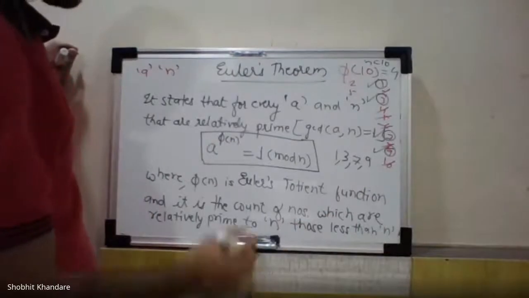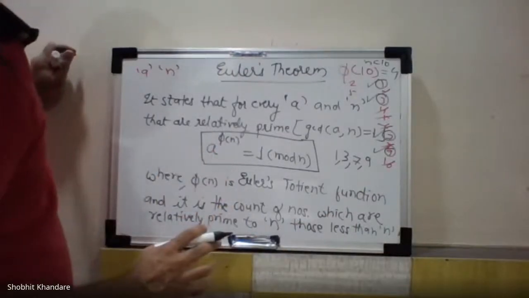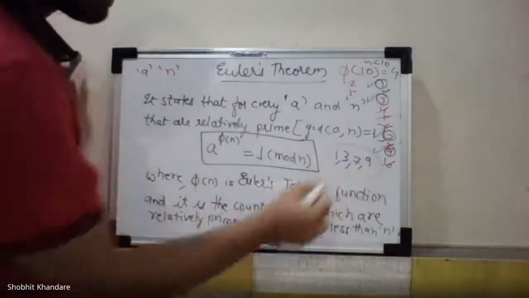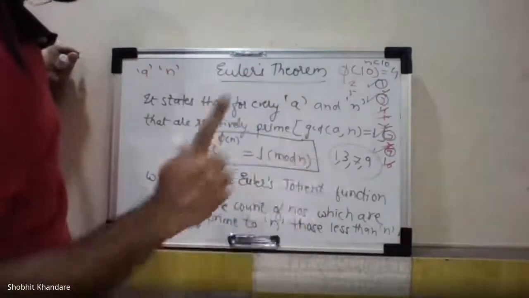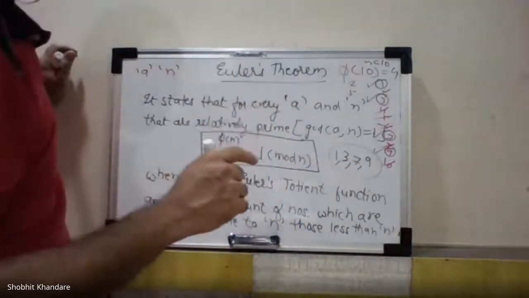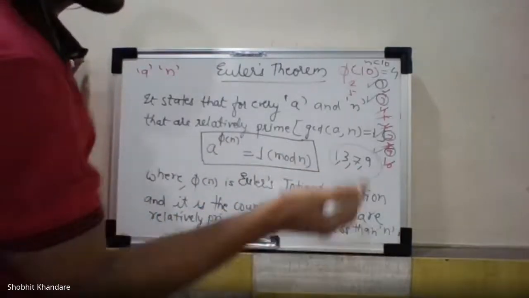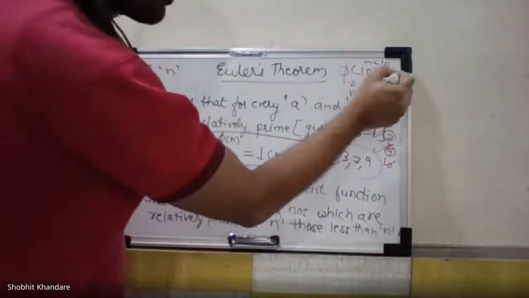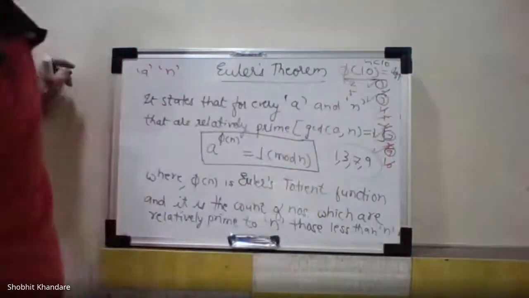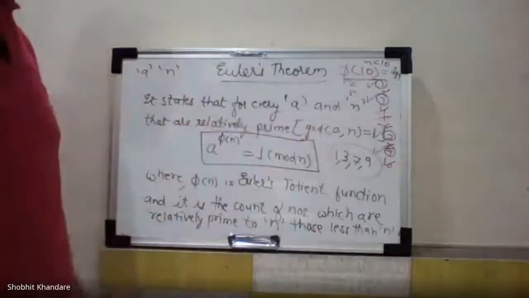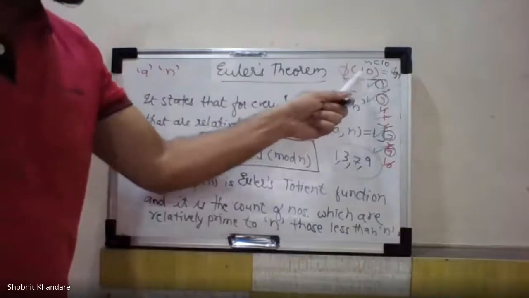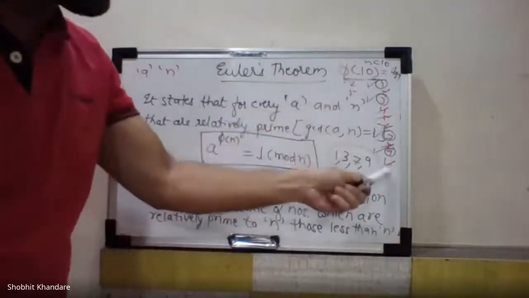That is why they are called relatively prime. Whichever two numbers you take from these, their GCD is 1. I want such numbers, and there are a total of 4. So 4 is the totient function for 10. This example I have already taken you through.